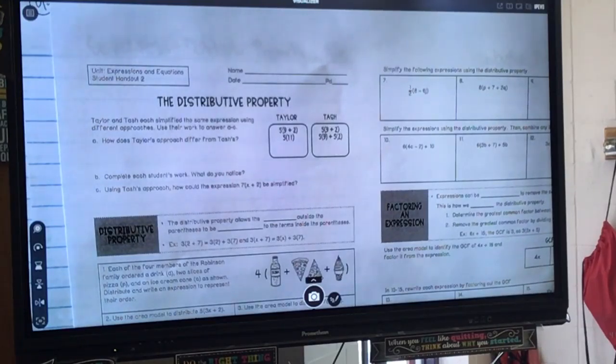They are on the same. Okay guys, so what do you notice for this? Yeah, I think Matt is using distributive.